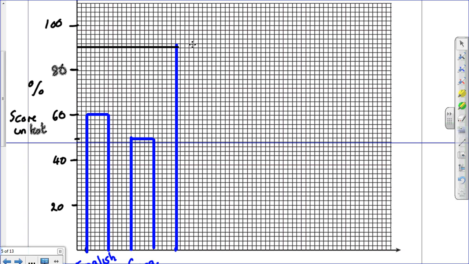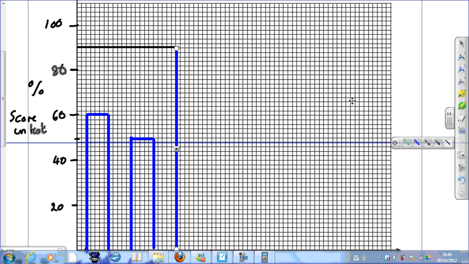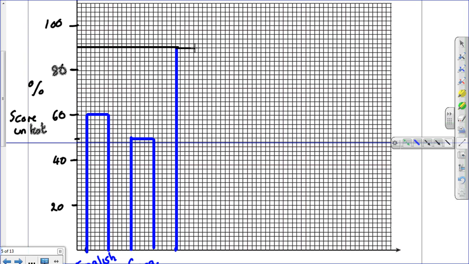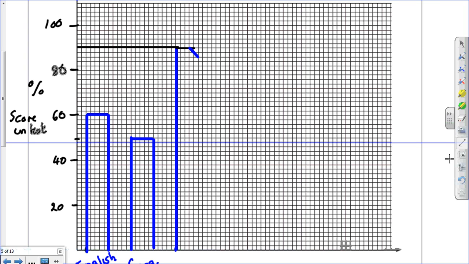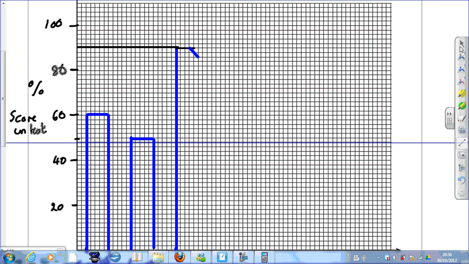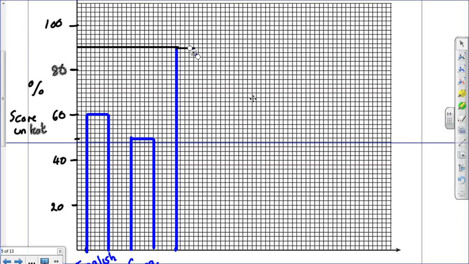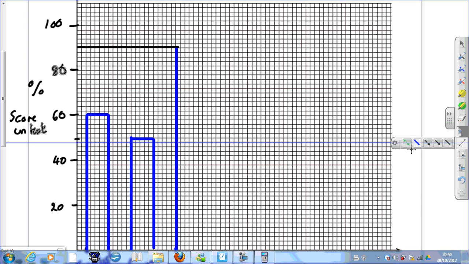Oops, wrong line. I'm okay, this is electronic, so I can undo it. Not with the greatest ease. Let's just get rid of this blasted thing. Make sure it's on blue. And 5 across. It's important, as I say, we keep all those bars the same. And that was maths.